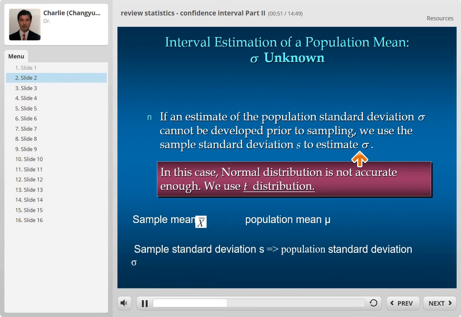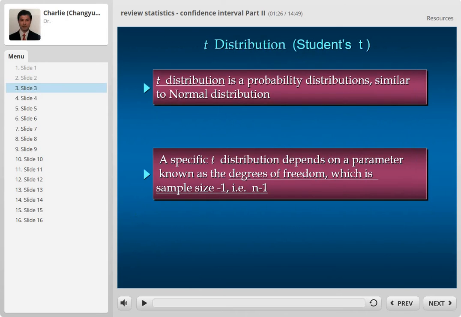The first estimation is we use sample mean x bar to estimate population mean mu, and then we use sample standard deviation S to estimate the population standard deviation sigma. In this case, because we are doing two estimations at the same time, normal distribution is not accurate enough. Now we're going to use t distribution.